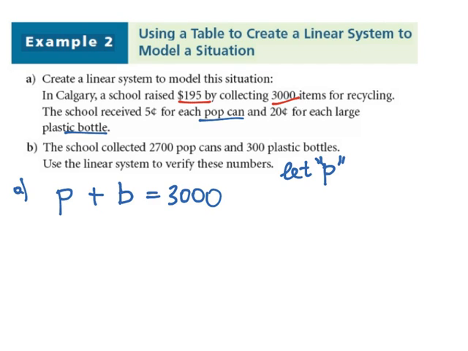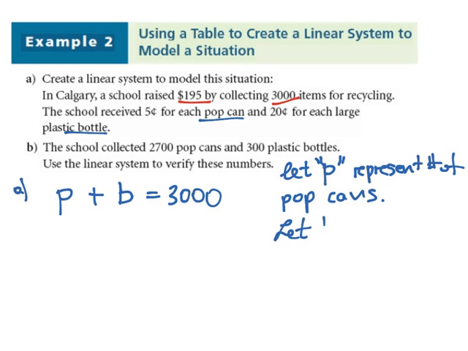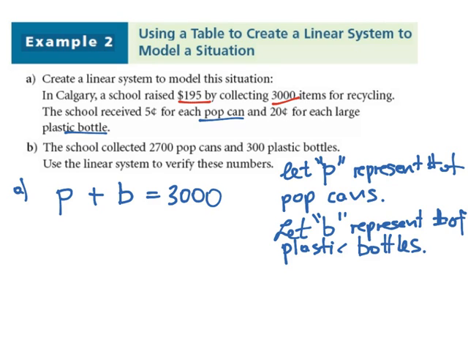In this case, we're going to let P represent the number of pop cans, and we're going to let B represent the number of plastic bottles. When we add them up, we get 3,000.